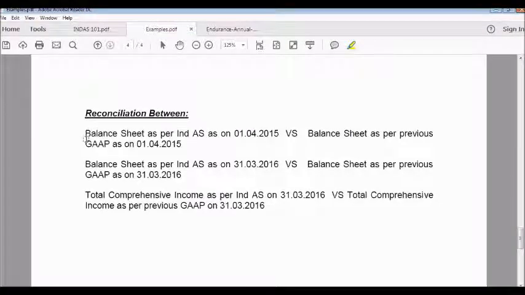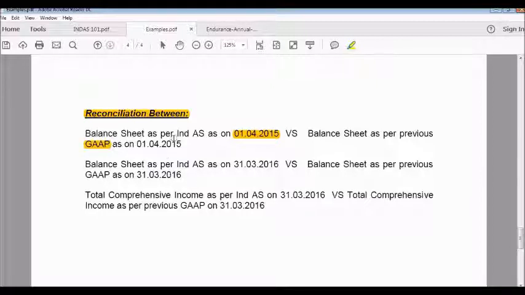You have to provide a reconciliation between the balance sheet as per Ind AS as on 1st April 2015 versus the balance sheet as per previous GAAP as on 1st April 2015.